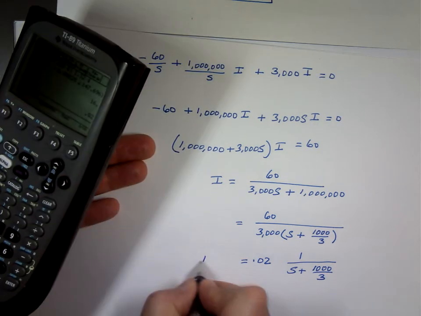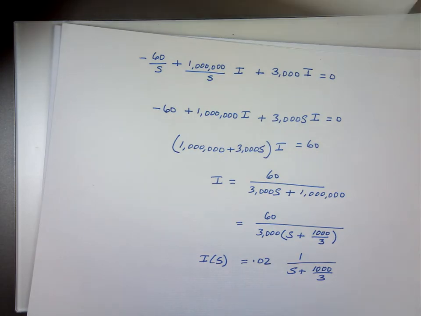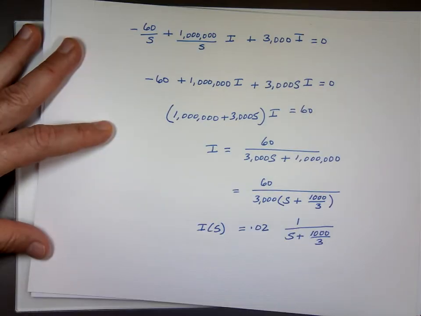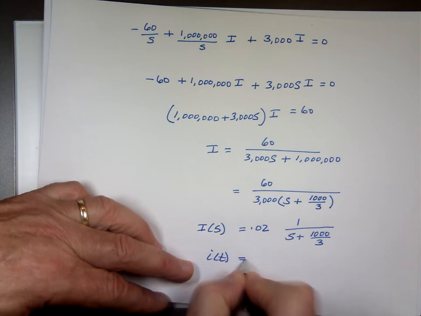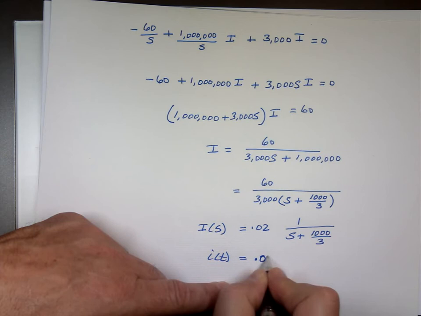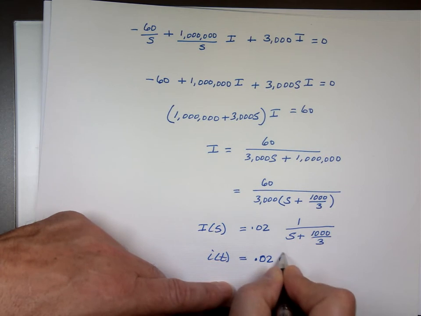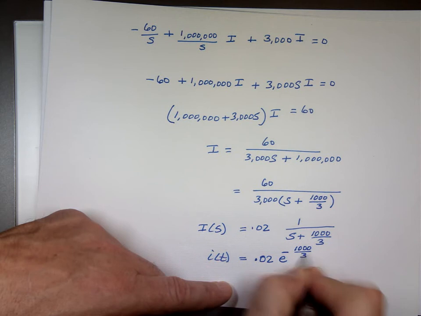Can we change this to I as a function of time? Boy, I'm on a roll today with all these nice problems. 0.02, it's Laplace, e to the negative 1,000 over 3 t, U of t, for this is for t greater than 0.